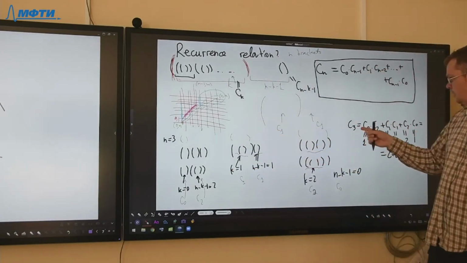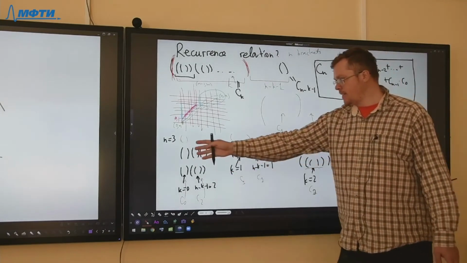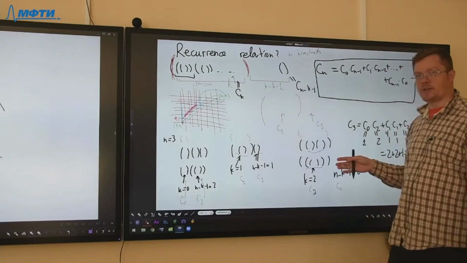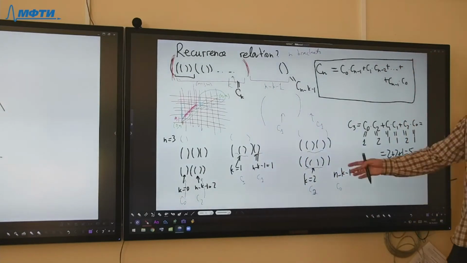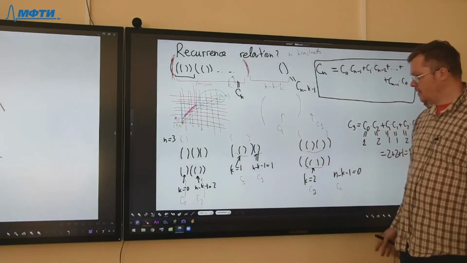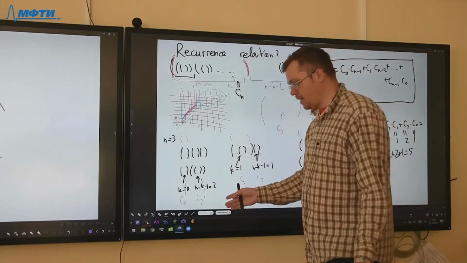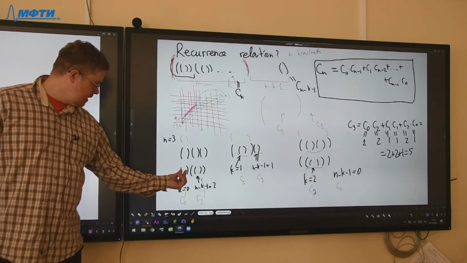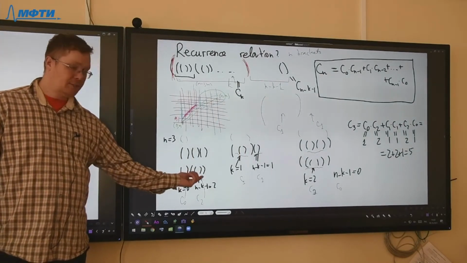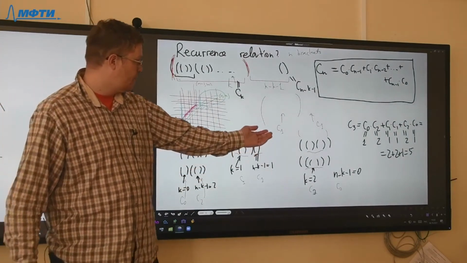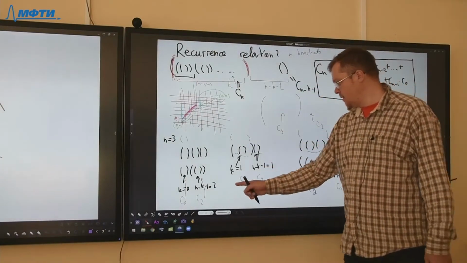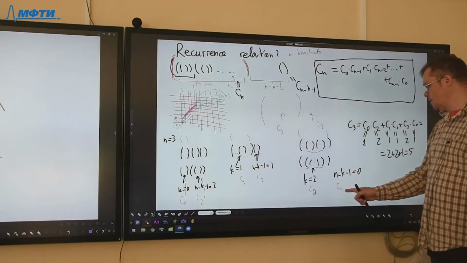So C3 is equal to the number of these types of correctly matched brackets, this type, and this type. And now I need to count them separately. In each of these, I have the correctly matched sequences inside this bracket and outside this bracket. So I write C3 is C0 times C2 in this case, C1 times C1 in this case, and C2 times C0 in this case.